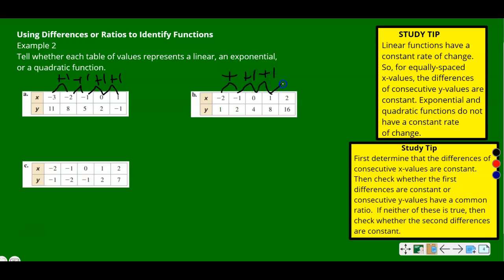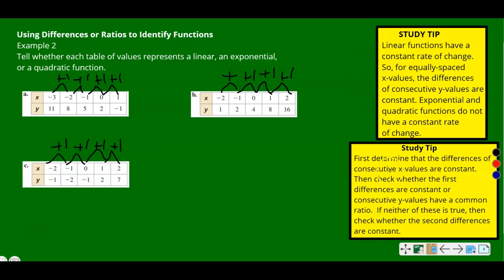So the x values are not really what we're going to have to look at. For all of these, the constant rate of change between your x values are the same. So what this is really talking about is we're looking at the y values. It says the differences of consecutive y values are constant. So if it's linear, the y values are also constant.